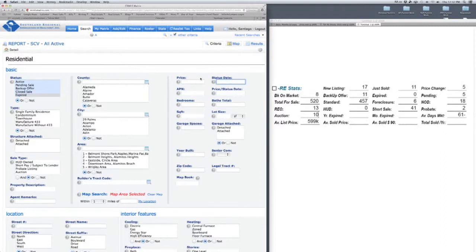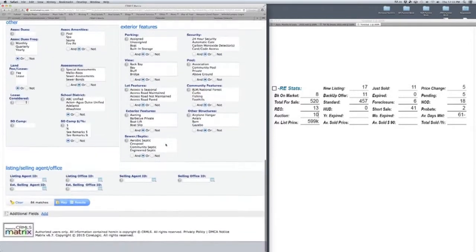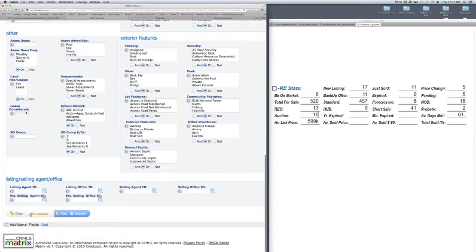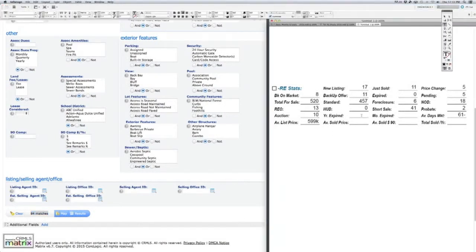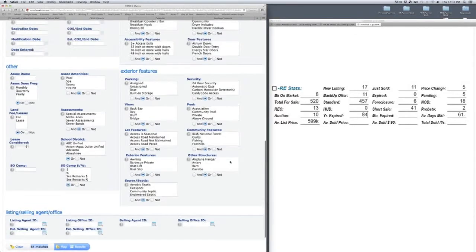In my status date over here, I want to know how many for the year, so I'm going to plug in 1/1/15 plus, which says January 1st, 2015 and onward. And again, I've just selected expired. If I go to the bottom of my screen, I'm seeing that 84 properties have expired since the beginning of the year.